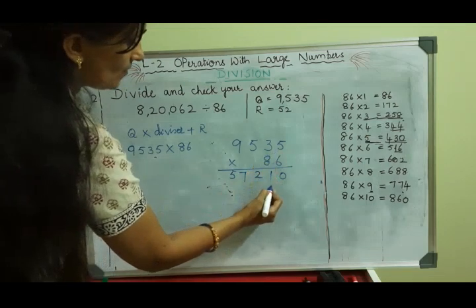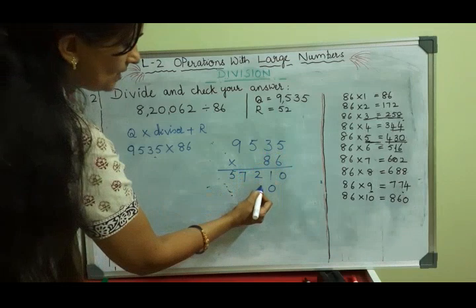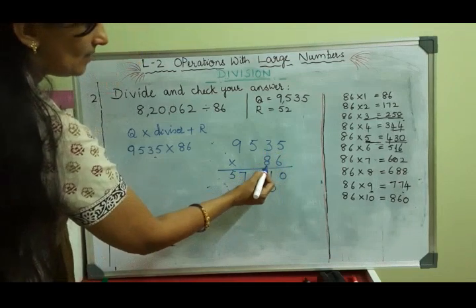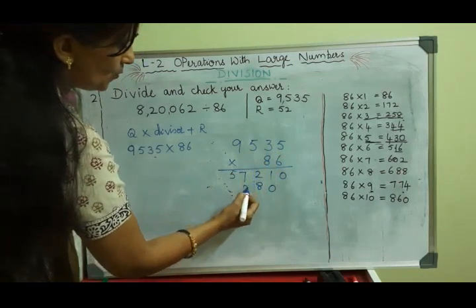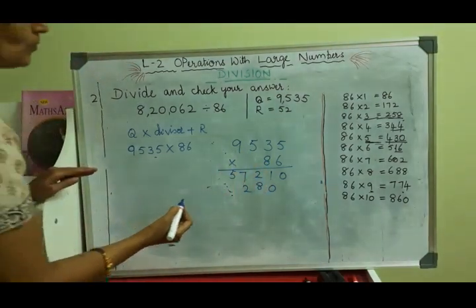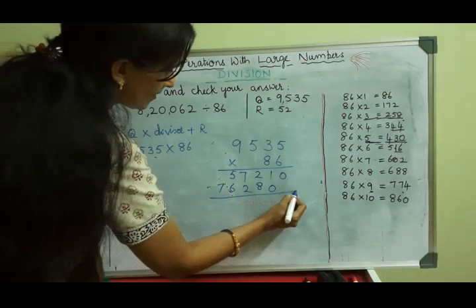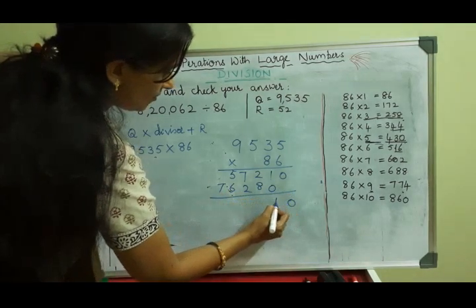Now 8 5s are 40. 4. 8 3s are 24. 24 plus 4 28. 2 in hand. 8 5s are 40. 42. 4 in hand. 8 9s are 72. 72 plus 4 76.